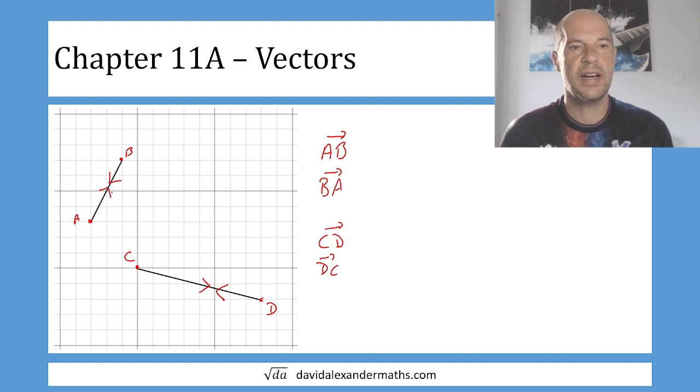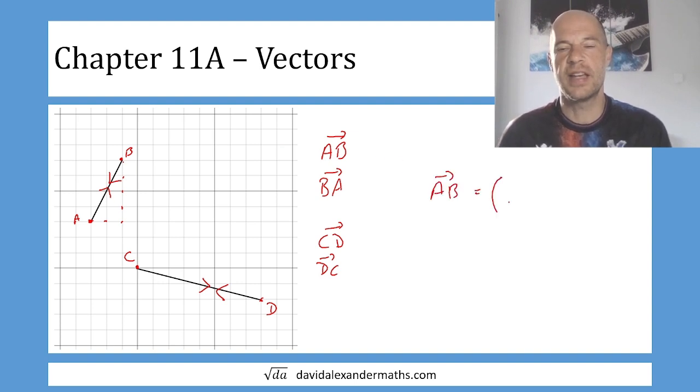Now, if we go back to the vector AB, we can see that to go from A to B, we are going 1, 2 across, and then 1, 2, 3, 4 up. So the vector AB, we can represent that in brackets like this, and as it's 2 to the right and 4 up, that would be the vector (2, 4).